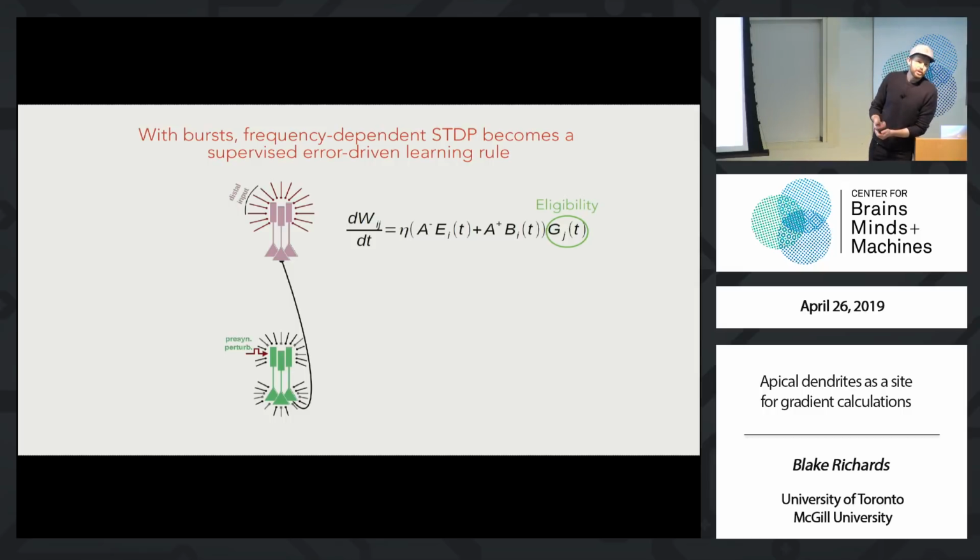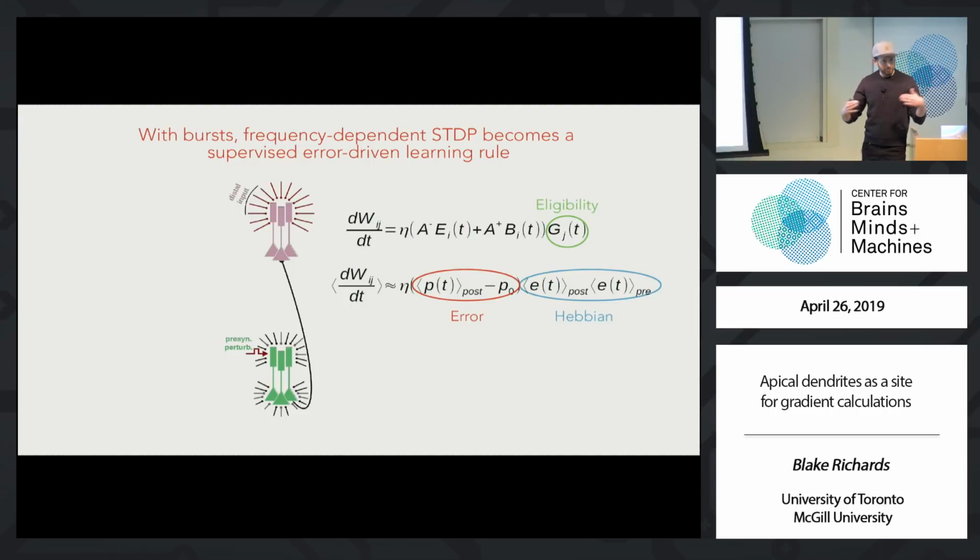What you can show is that across the ensemble, this turns into the following. This is the average across the ensemble, and you end up with a Hebbian term, which is the correlation in the event rates across the ensemble, and then the difference between the burst probability in the ensemble and some baseline burst probability. So you have a Hebbian term with an additional error term regulating the direction of that Hebbian plasticity. So it's akin to a three-factor learning rule.